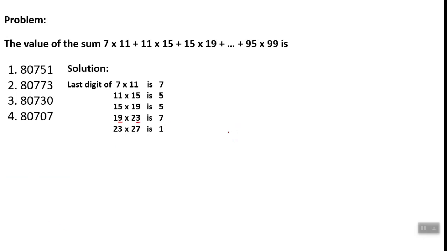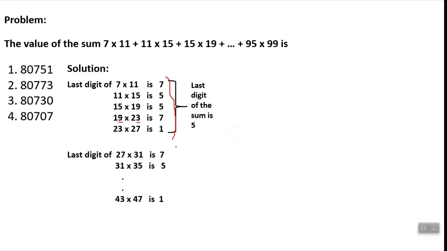So the sum of these last digits would have given you a last digit for that particular partial sum as 5. Now, the pattern repeats because now instead of 7 times 11, it is 27 times 31. The last digits of the first number and the second number remain as 7 and 1.